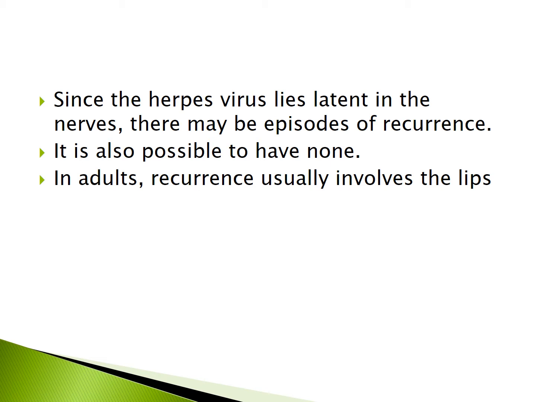In the past several years, it's been recognized that although HSV infection is largely asymptomatic, most transmission occurs during periods of asymptomatic viral shedding. So when it lays dormant like that and shedding starts to occur, that's when a lot of the problems can occur.